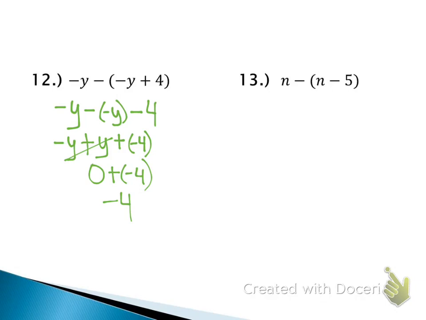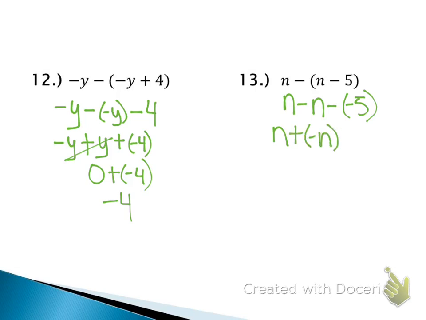On number 13, again, if I'm subtracting the parentheses, I'm subtracting everything in the parentheses. So I'm subtracting n, and I'm subtracting negative 5. I'm going to rewrite this with addition signs.